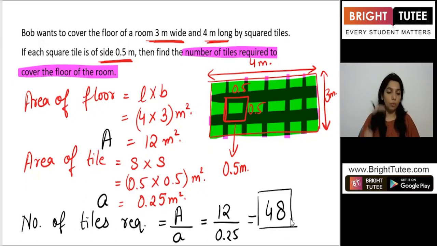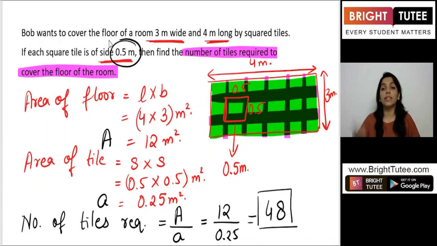Let's just quickly go back and see what we did. First of all, we calculated the complete rectangular floor area. Then we calculated the area of each and every small tile. We were given the measurement of this tile as 0.5 meters on each side because it's a square, so all the sides are equal. So we get the area of this tile as well.